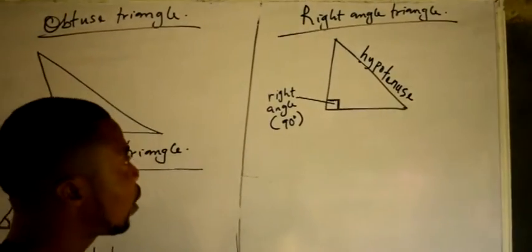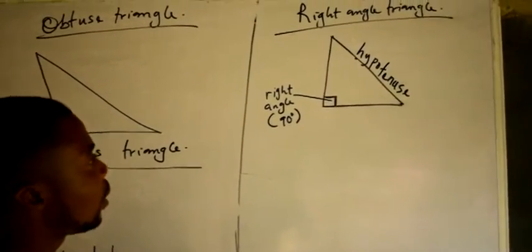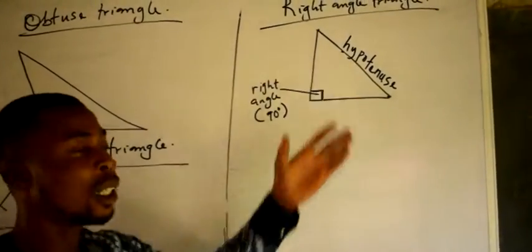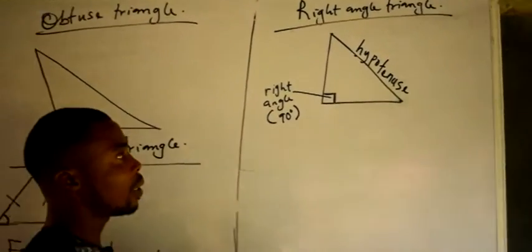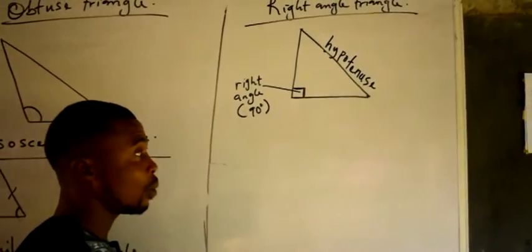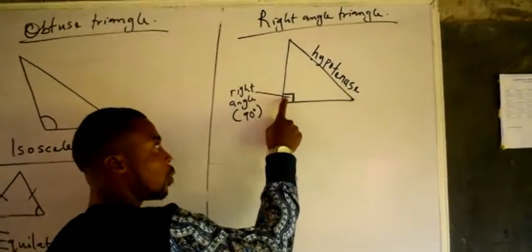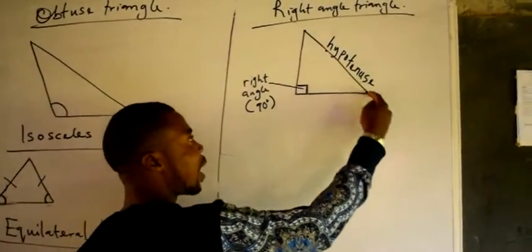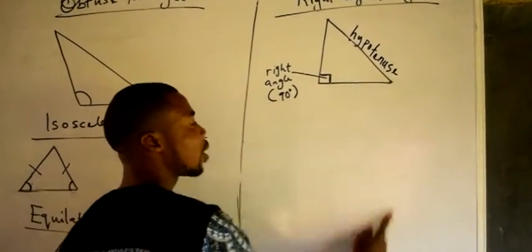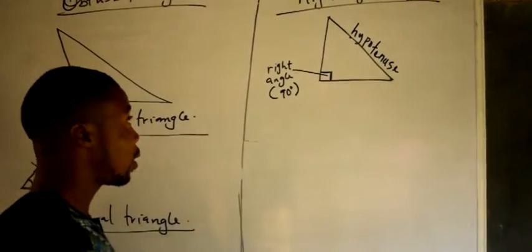It's always opposite the right angle. If you see a right angle in the triangle, the opposite side is called the hypotenuse, the longest side.